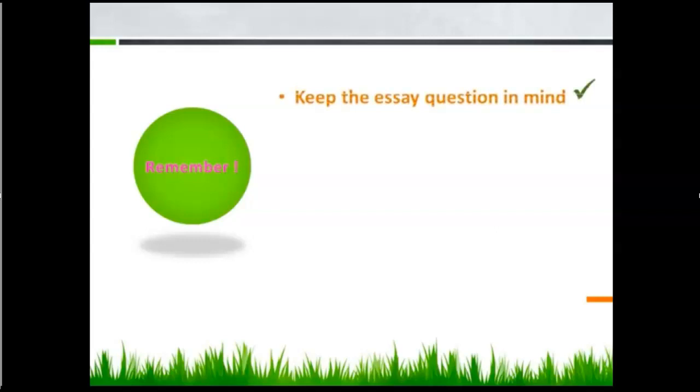To sum up, let's try to remember the following points. Always recall the essay question as you write, and continually link your body paragraphs to the essay question. To ensure your writing is cohesive and coherent, use linking words. Try to synthesize your evidence into each body paragraph in order to substantiate your points.